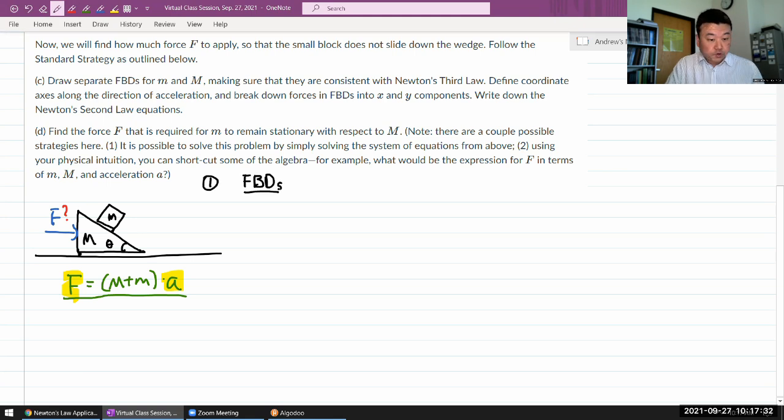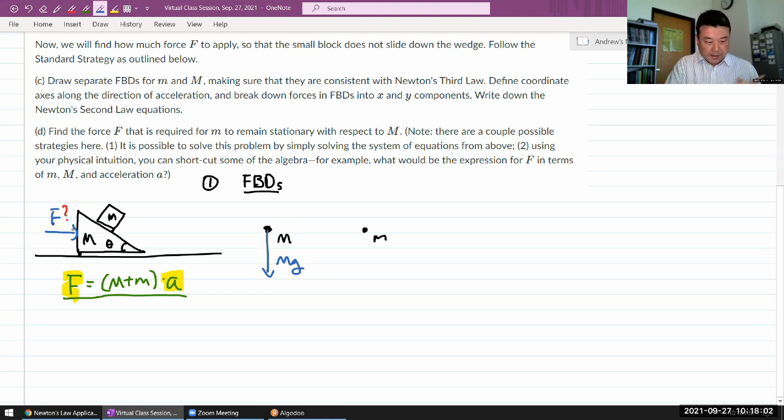Here we have two objects, so I'm going to need to draw two free body diagrams. Let me do that. I have a free body diagram of the ramp, and I have the free body diagram of the small block. I will go through drawing the forces quickly since you've done this many times. You start out with the gravitational force, and then you keep asking yourself, did I draw all the forces?